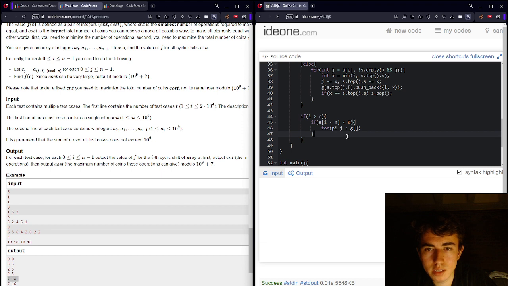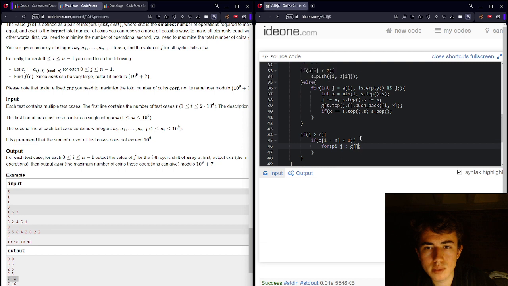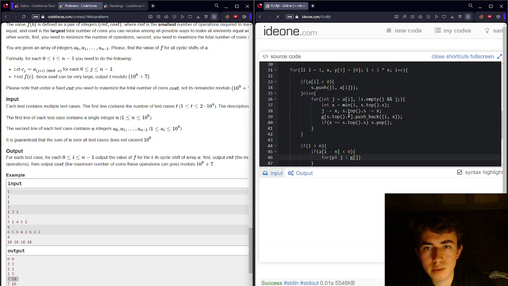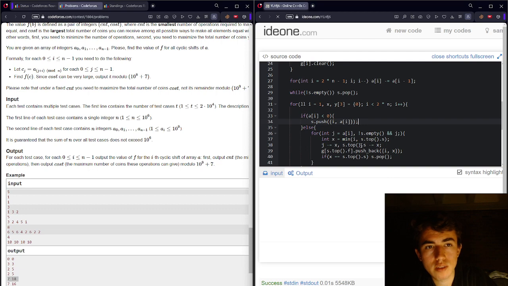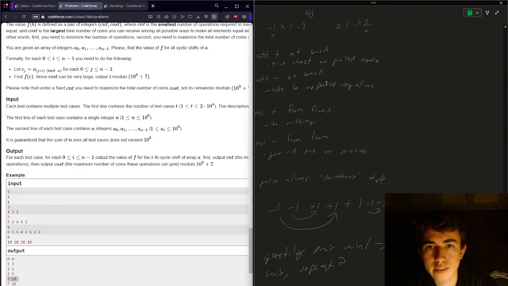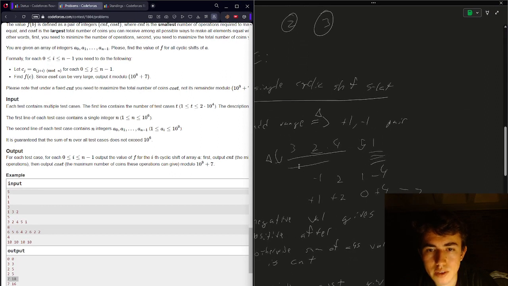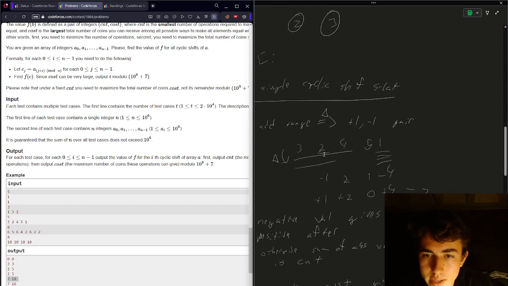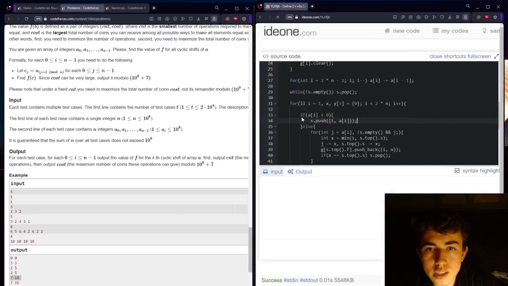Okay, let's see. A of I minus n is less than 0, right? J is equal to what? What do we want J equal to? Okay, wait, first, let's add these things correctly. So, remember, how does it work, right? A negative value needs to extend forward. So, let's see.